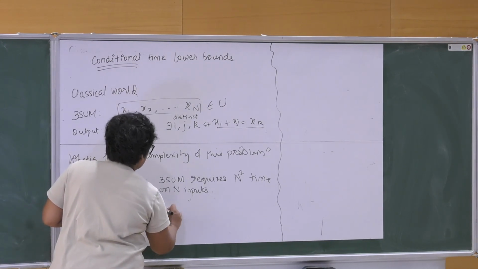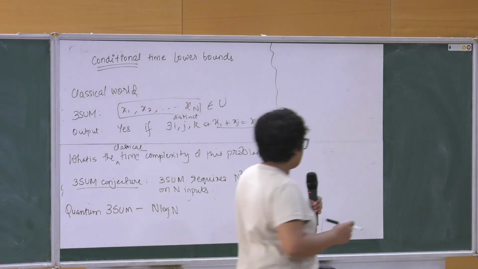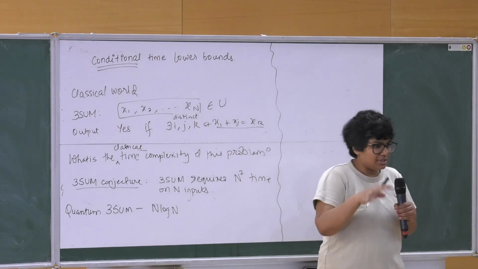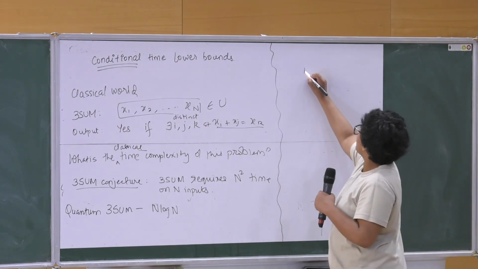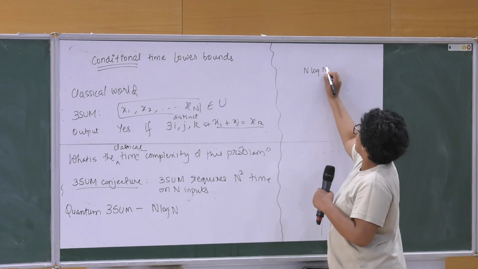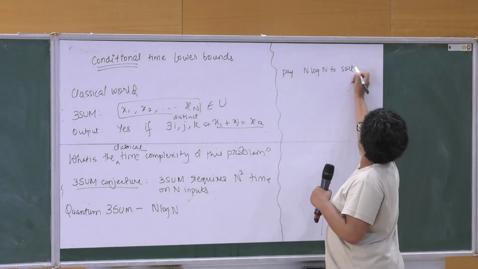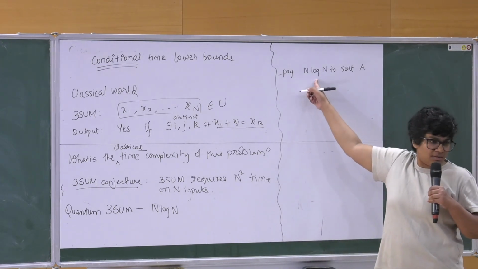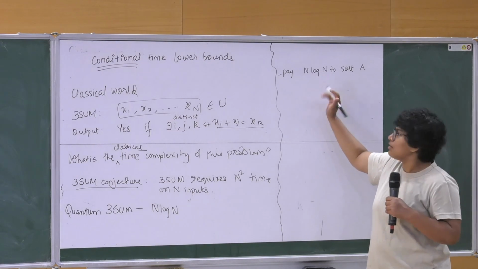Now, quantumly, the threesome conjecture is falsified, because quantumly I can solve threesome in almost n times log n time. And what I will do is exactly the same procedure that we suggested for the threesome algorithm, the algorithm that you suggested. I am going to first sort. I will pay n log n to sort A. Quantumly, I can't sort faster; there is a known impossibility result that I cannot do better than n log n.